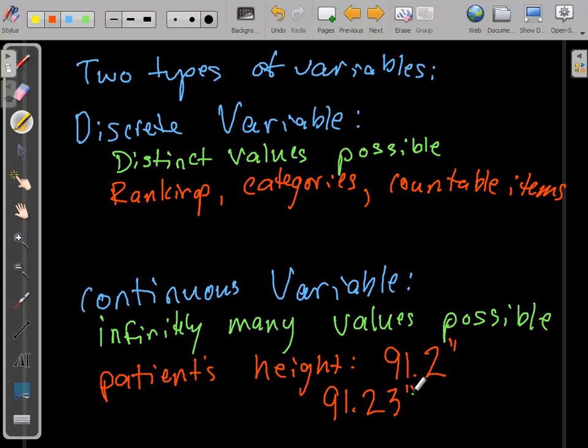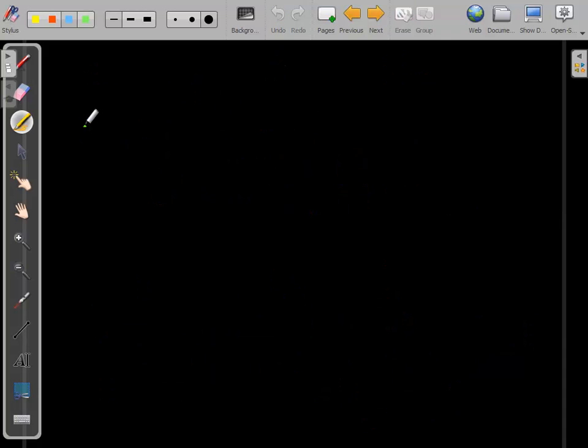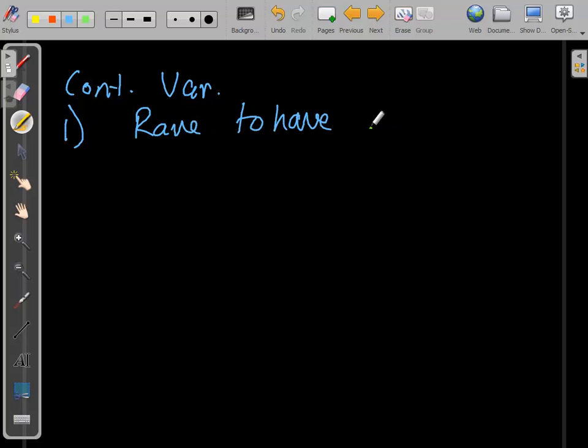Okay, so discrete variables are very easy to measure, but with continuous variables, we need to take a look at some kind of cautions. There are two things we need to be aware of. First, it's rare to have identical measurements.